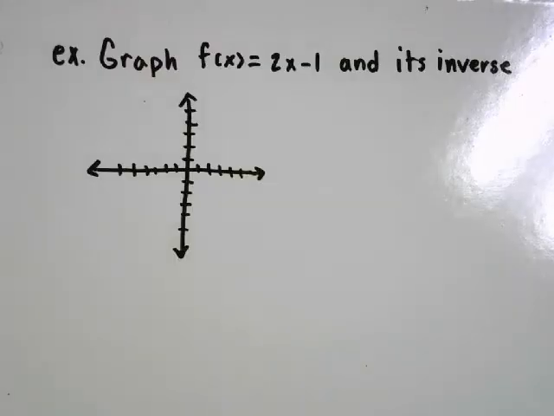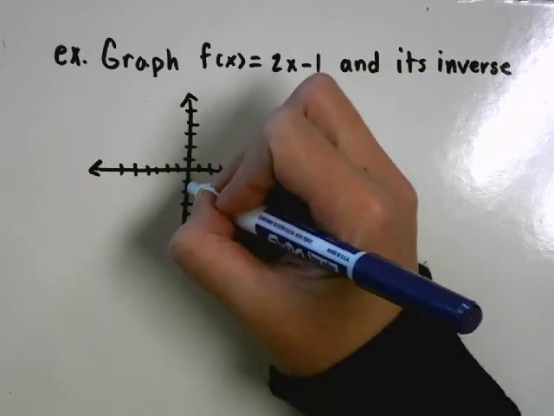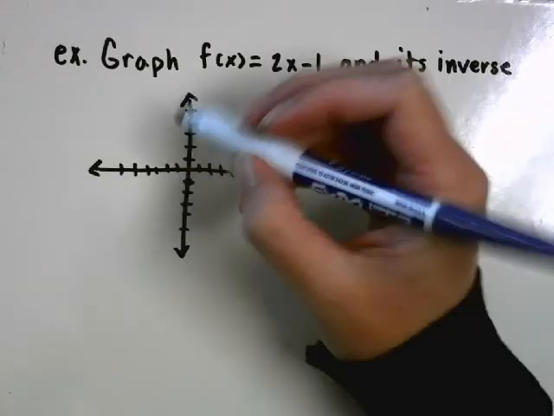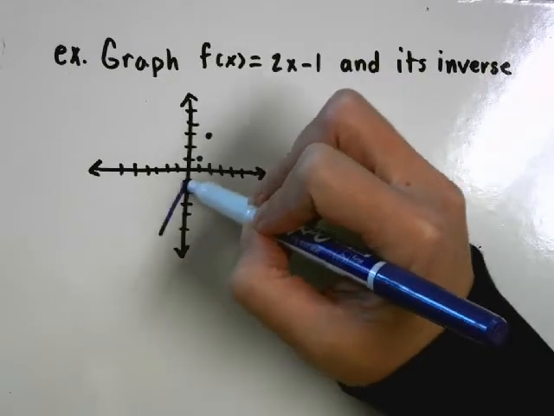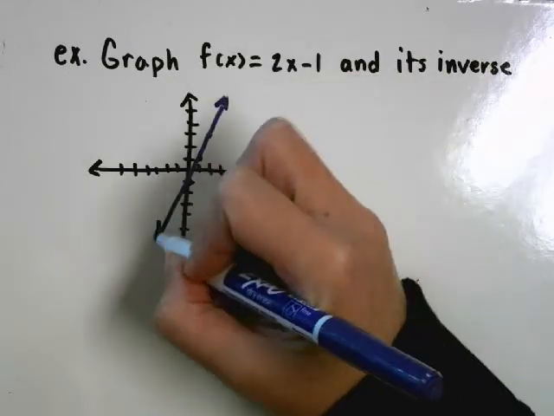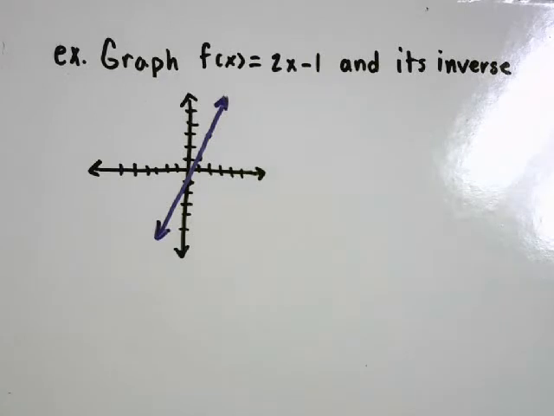So we'll do another one of these. Now we're going to graph the line f of x equals 2x minus 1 and its inverse. So 2x minus 1 has a y-intercept at -1, and then it has a slope of 2. Then for our inverse, we'll switch the x and y coordinates.